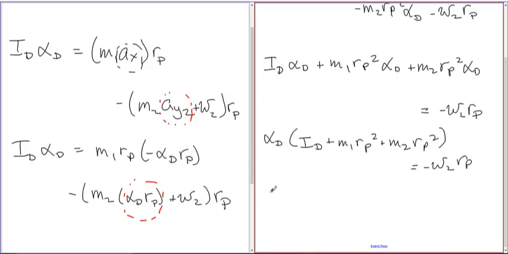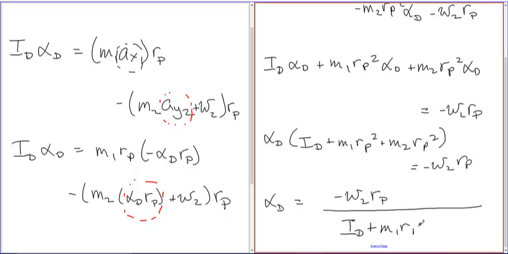And if we divide it out, we'll get alpha for the disk is equal to negative W2 R for the pulley divided by the moment of inertia of the disk plus M1 R the pulley squared plus M2 R the pulley squared.